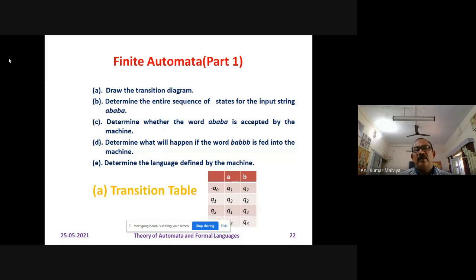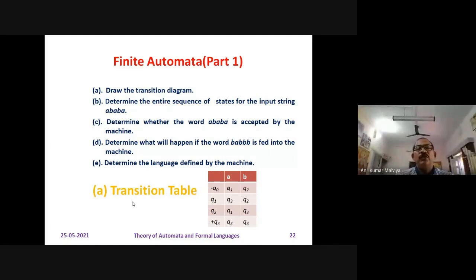Now, as you know, the transition table is given. You can see in the transition table there are 4 states. What are the states? Q0, Q1, Q2, and Q3. Is it clear?